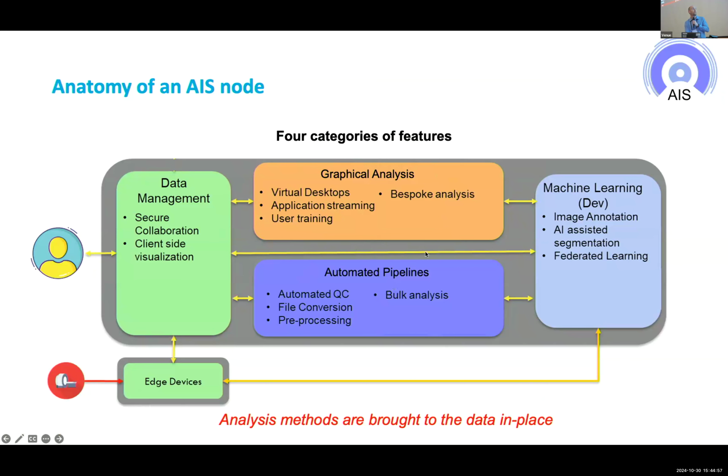Then the automated pipelines, which are particularly useful for quality control, file conversion, some more extensive pre-processing, all the way up to bulk analysis of large data sets. And then the final feature set is the machine learning, which includes AI-assisted segmentation, which can then be fed into training, and federated learning.